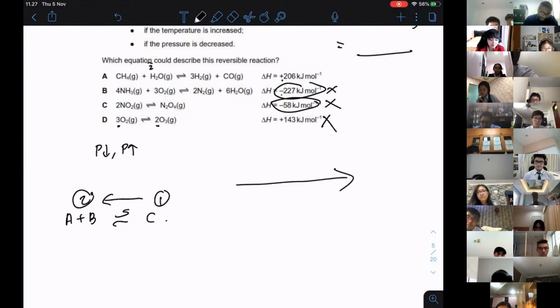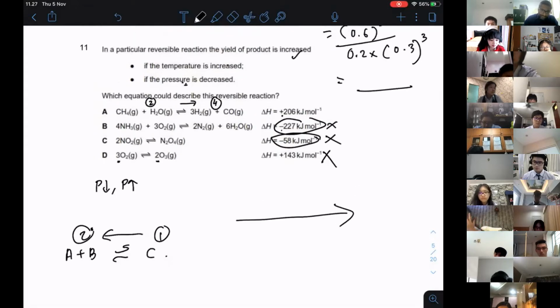This is 2, this is 4. So when I decrease the pressure, I need to increase the pressure, so I will go to the right. It satisfies this. The answer is A. This also requires you to analyze, cancel, think.